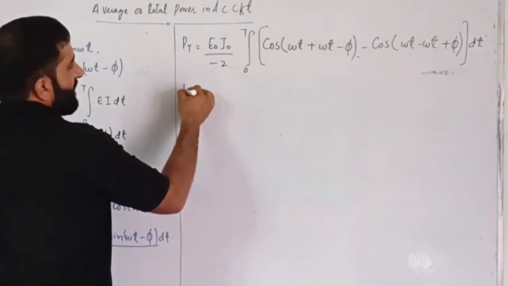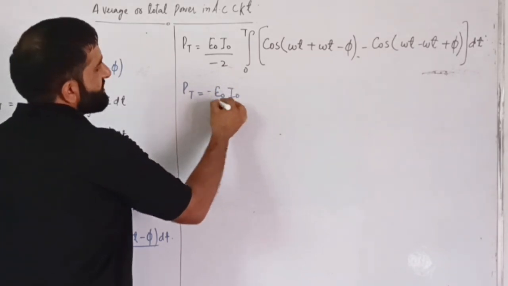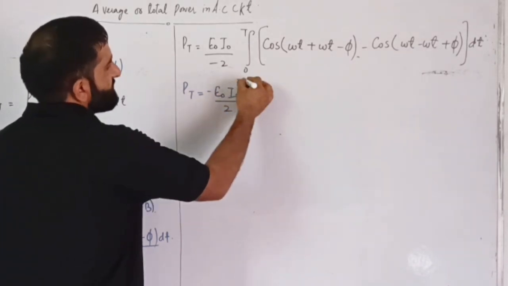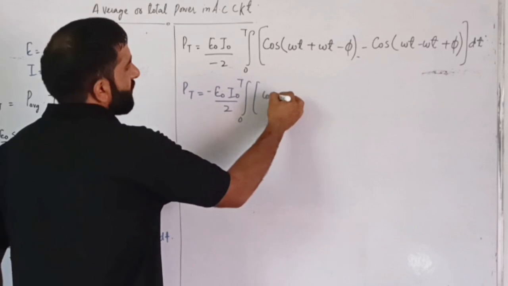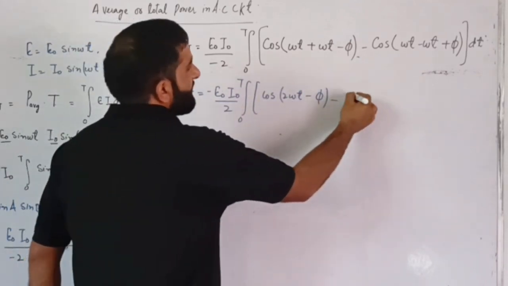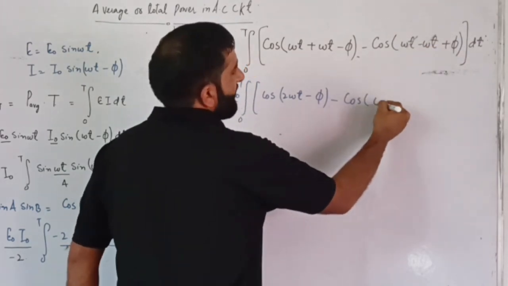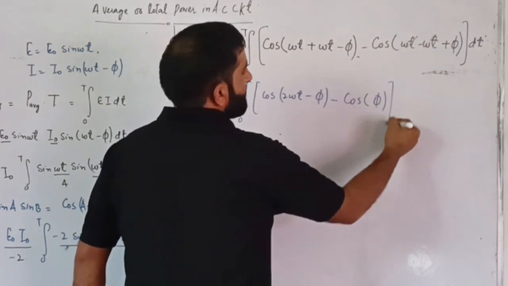Now solving it a little further, we have minus E0 I0 divided by 2 integral from 0 to t of cos of twice omega t minus phi minus cos of omega t, and omega t cancels out, so this is cos of phi dt.